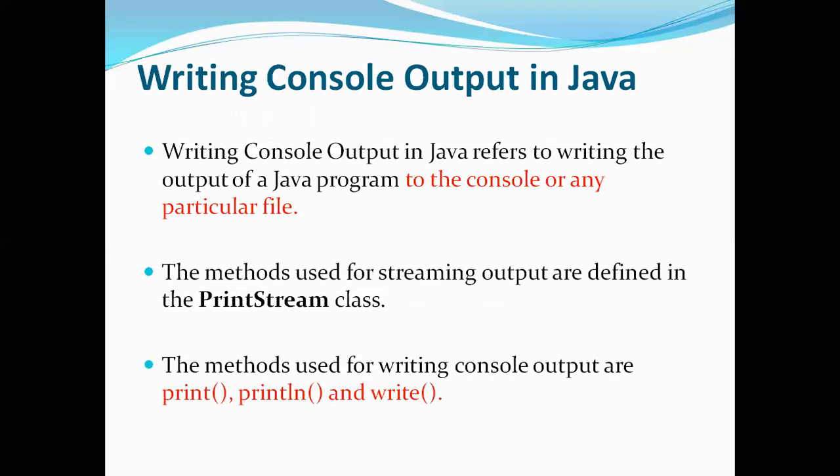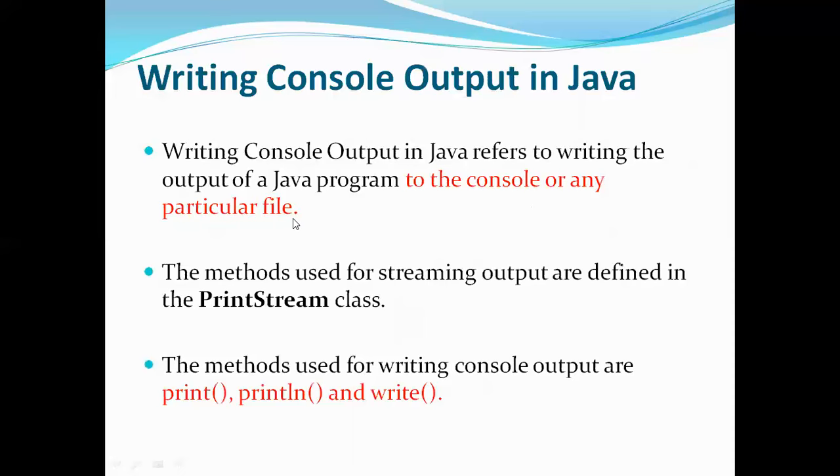Now till now we have seen how to read input from the console. Now we'll see how to write output to the console, that is, how to write something on the screen using Java's console. Just see the definition. Writing console output in Java refers to writing the output of a Java program to the console or to a particular file.